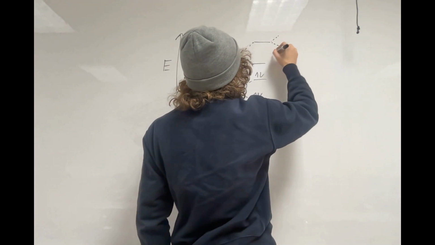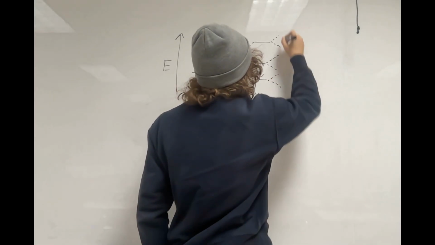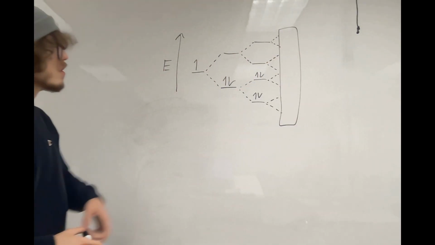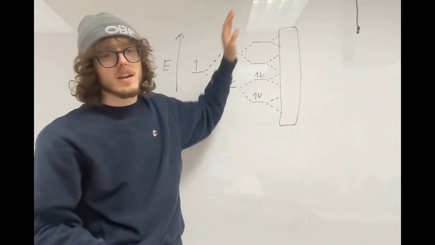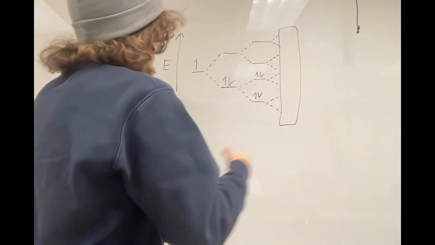So I'm just going to draw this, and then we'll get into that. So eventually you get this band, right? You get so many molecular orbitals, just like a band, kind of like if you've ever done column chromatography, kind of like that, in the way that it looks.